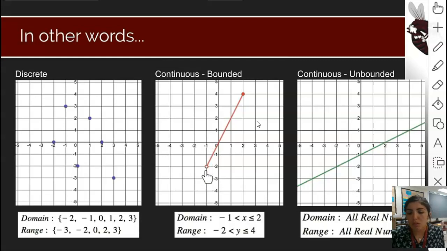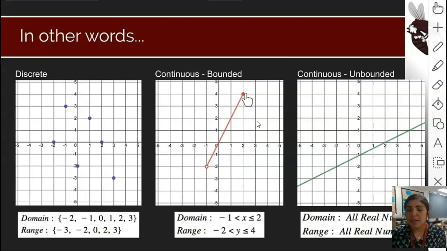Now an open circle is an exclusive symbol, meaning we can't include -1. So it's anything that's going to be to the right of it or greater than -1. So we would use the symbol -1 < x, which is the same mathematical sentence as saying x is bigger than -1. Okay, so we have our left number. We're going to look on the right.